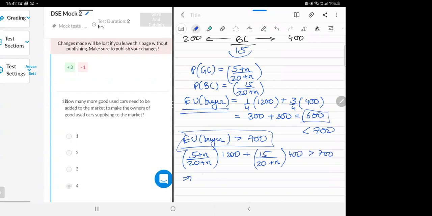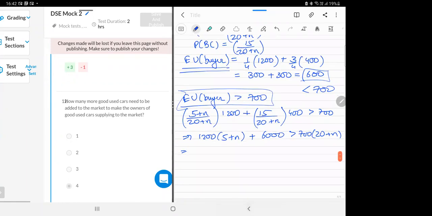So this implies 1200 into (5 plus n) plus 6000 must be greater than 700 times (20 plus n). Okay, so this is 6000 plus 1200n plus 6000 must be greater than 14,000 plus 700n.